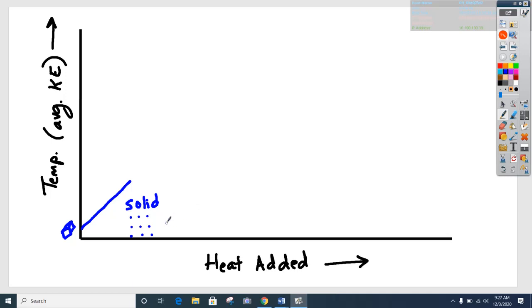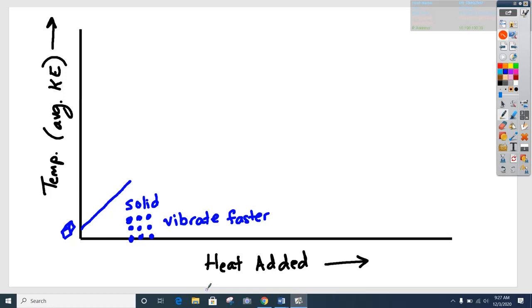Now, when it's a solid, the way they move is they start to vibrate. And they will start to vibrate faster and faster and faster. But notice I haven't said that the molecules change positions. If it's a solid, the molecules are always going to remain in this nice, neat, orderly lattice structure.